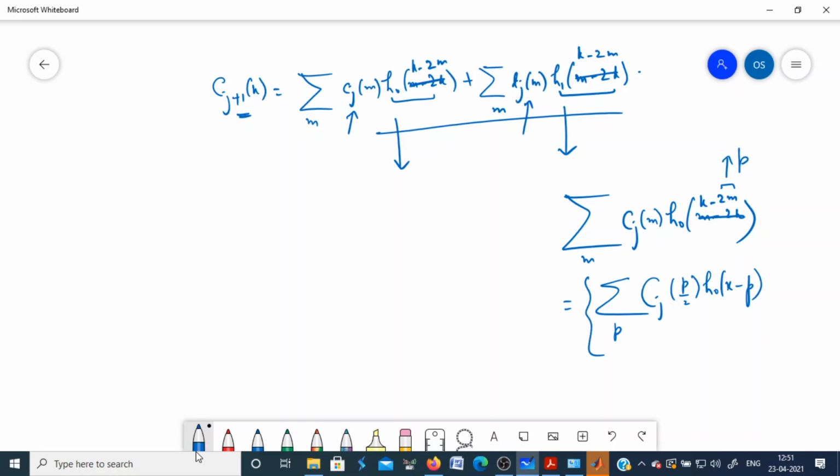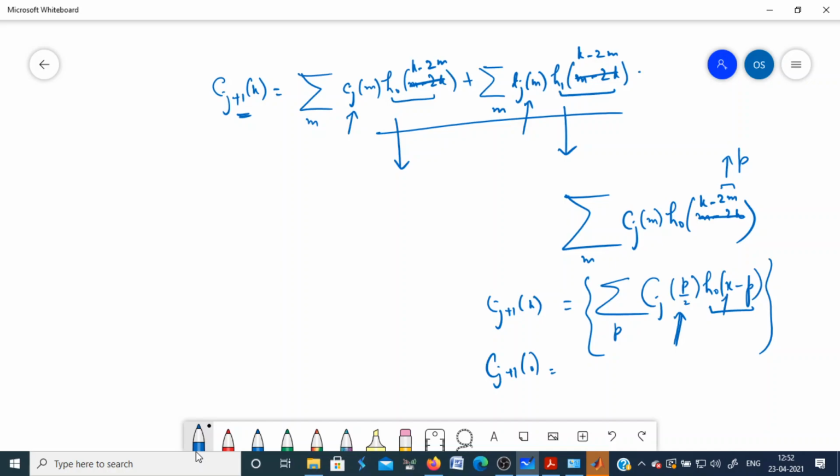Now this is again the equation of the convolution between Cj of p by 2 with h naught of p. Because this is Cj plus 1 of k. So when you put k equal to 0, you get the first sample.